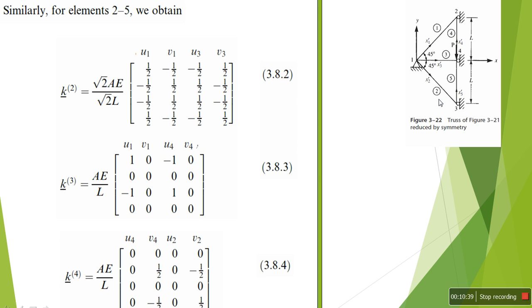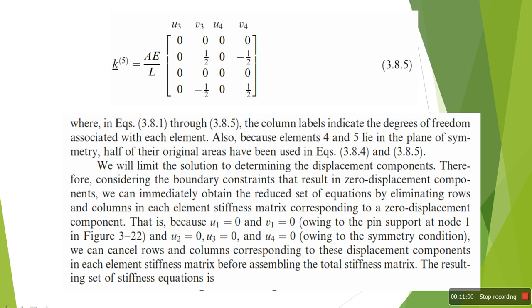Element 4 is directed from 4 to 2, so I have u4, v4, u2, v2. And eventually we get to element number 5.